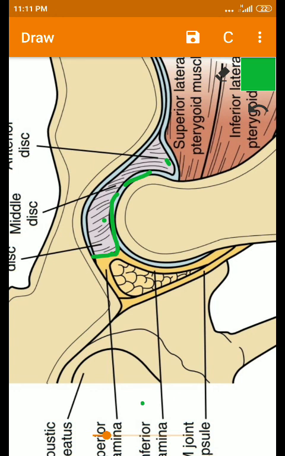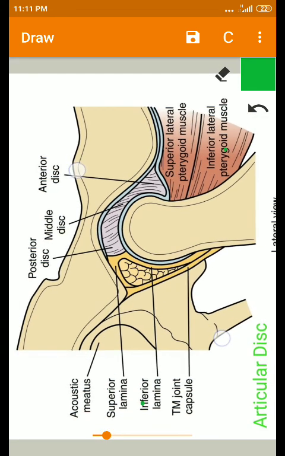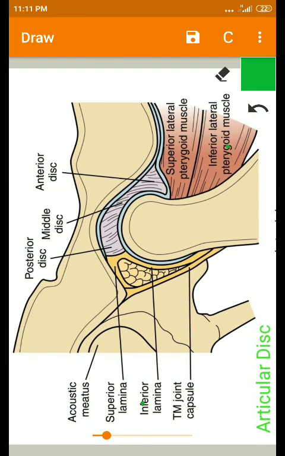This is about the articular disc in the temporomandibular joint. In the next session, we are going to see the capsule and the ligaments around the temporomandibular joint. Thank you.